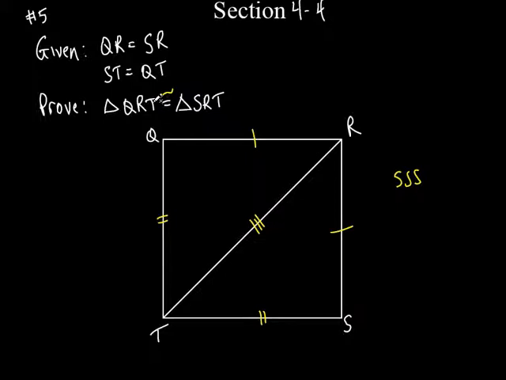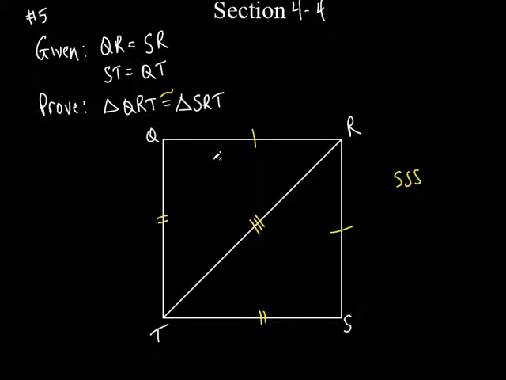Because CPCTC is like if I said, why is angle Q equal to angle S? Remember, it's corresponding parts of congruent triangles. You have to show the triangles congruent first before you can say all the other stuff is equal to each other. Okay? So don't use CPCTC. Listen very carefully. Because if he had that question, I know a lot of you are going to have that same question.